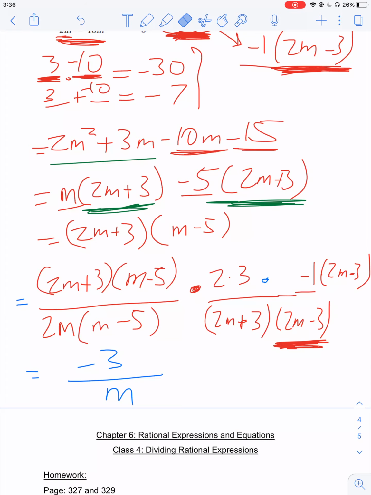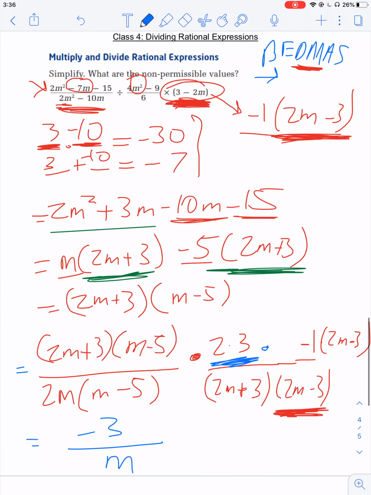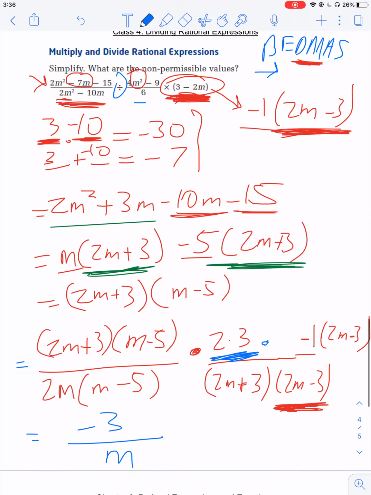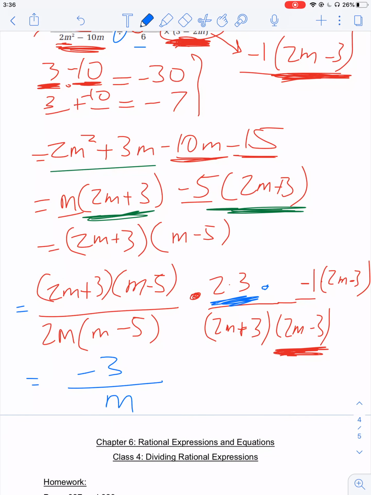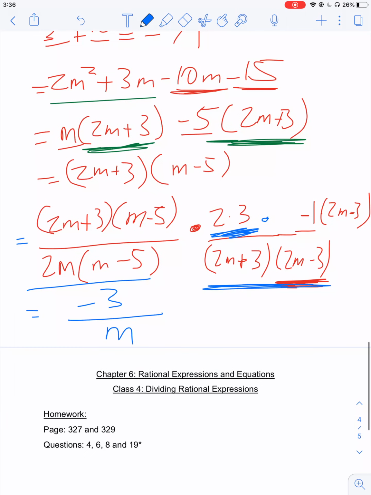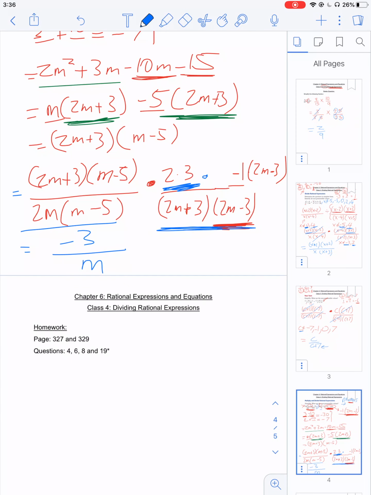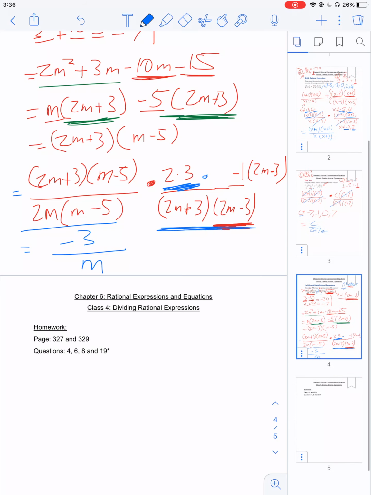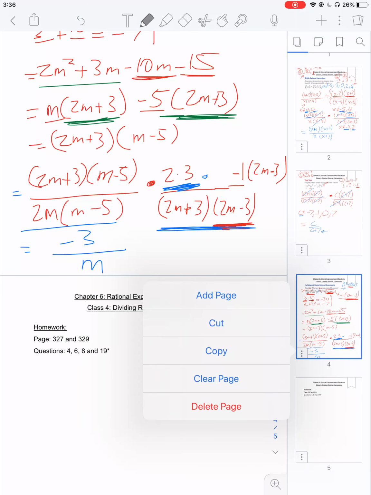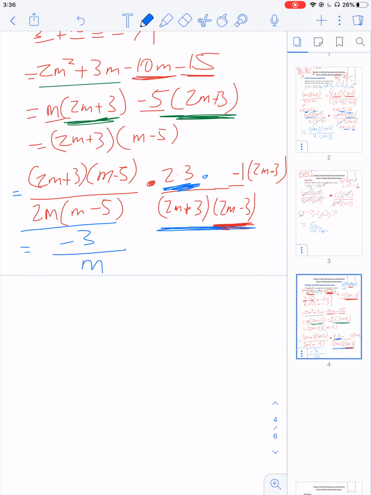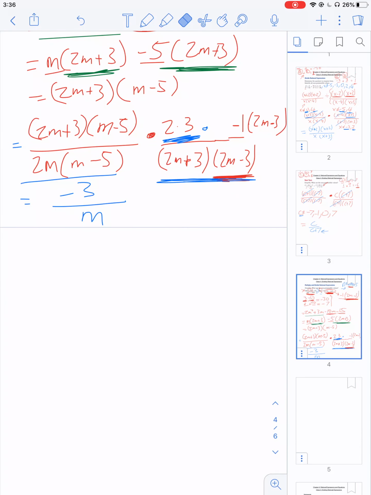Initially this was a division, remember? So neither my denominator nor my numerator can be 0, but the numerator is not an issue. The issue is only these two. I'm going to add a new page and write my restrictions over here.